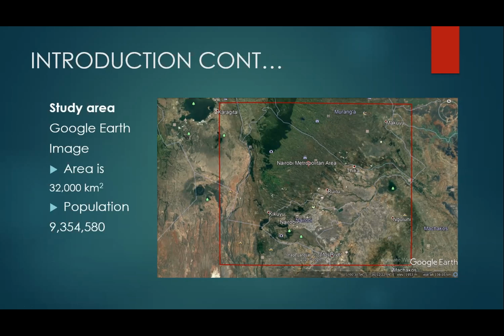In Thika, there's an industrial park, and also here at the river, there are mining industries. So those are very interesting areas for this research, and of course the transport system, because of the emission of these gases when vehicles burn fossil fuel. So the area is 32,000 square kilometers, with a population of 9 million.